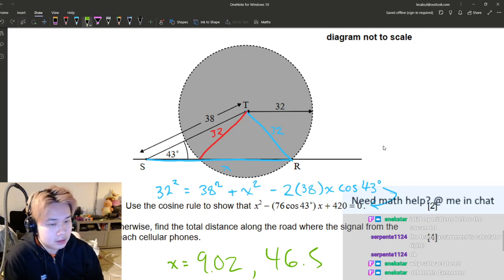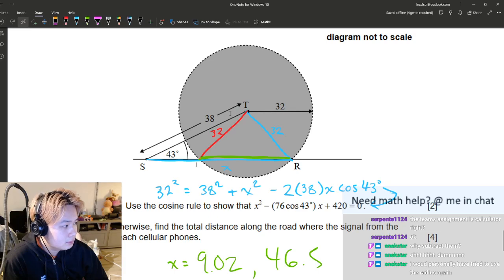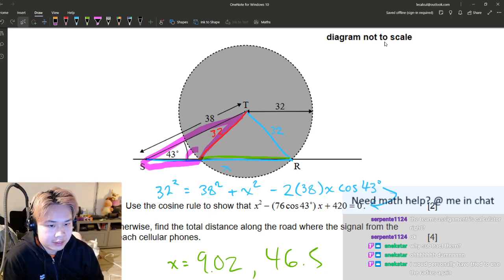What you also could do is, to figure this out, this is the sine rule thing. If you want to find out this distance right here, what you can do is firstly try to use the radius. You can use sine law with this outer triangle over here. And you can find out this angle.